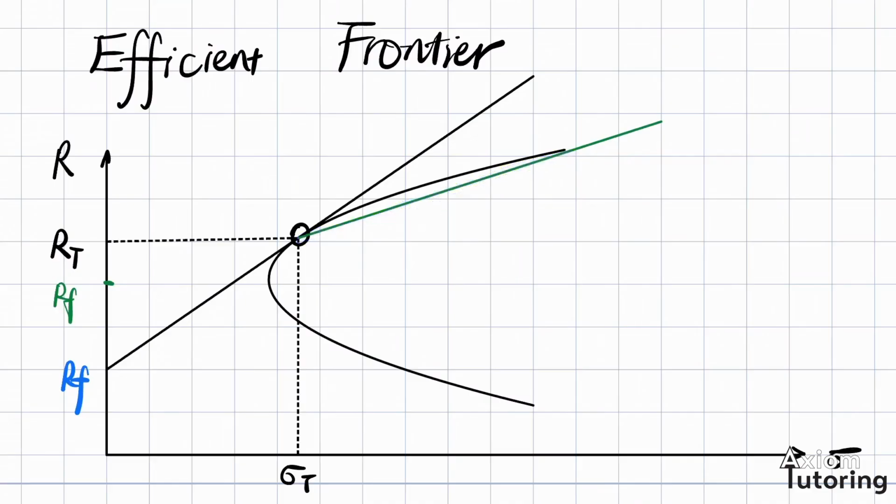Now it is below the curve right here, which means these portfolios will be strictly dominated by combinations of risky assets only. With the same risk, these risky assets will provide higher returns. So this section will be strictly dominated, and we will never choose anything that lies between these two points.